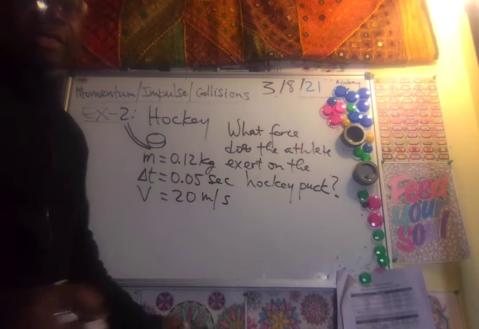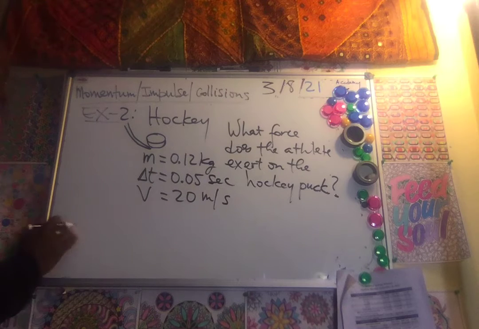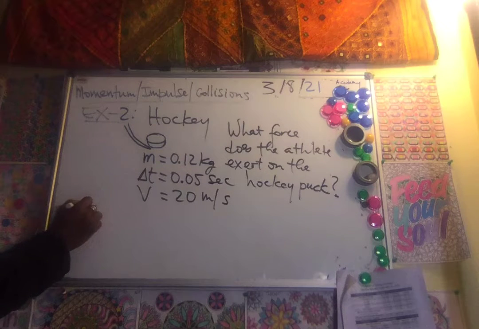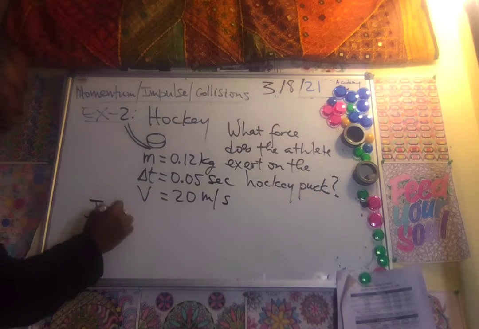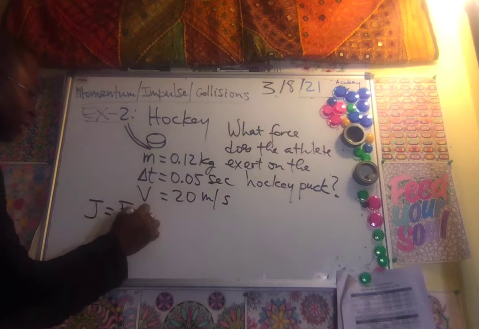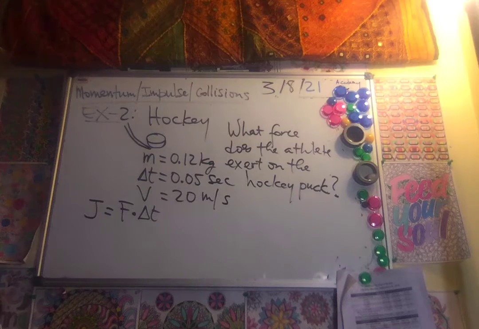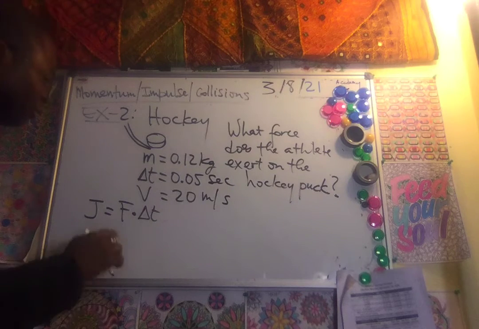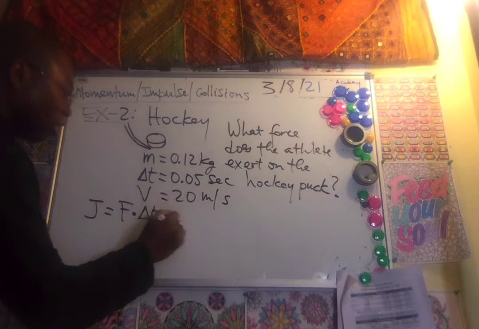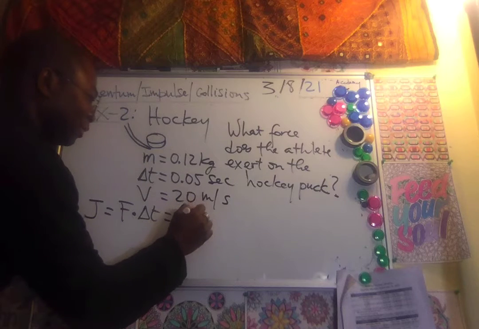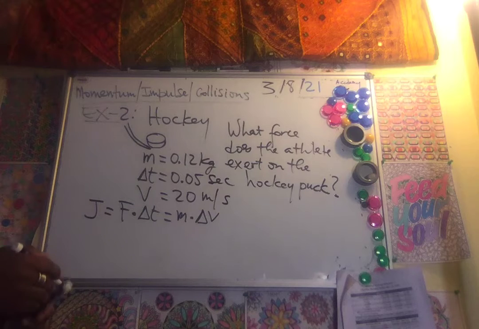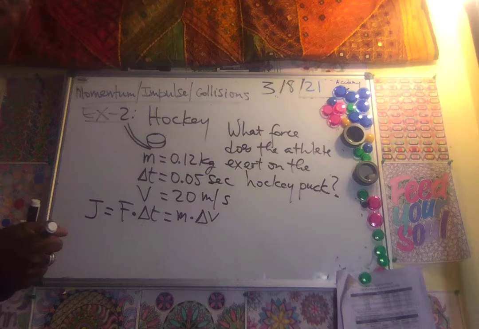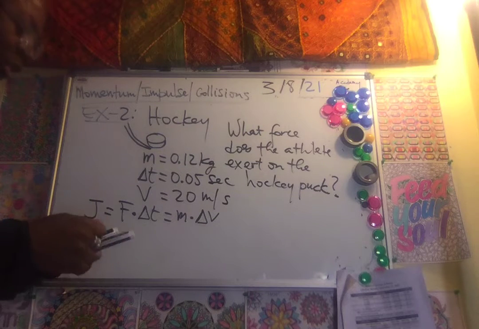All right. So what do we know? We know, guys, that the impulse is the force times delta T. But we also know that it is equal to the mass times delta V. They're asking us to find the force.